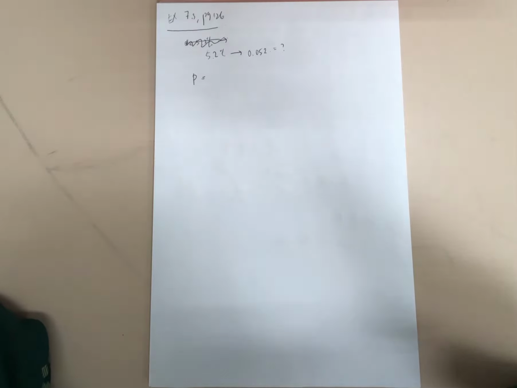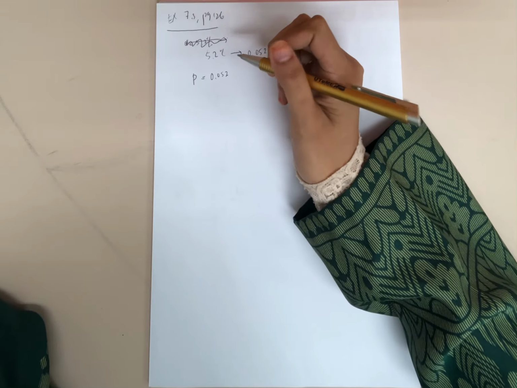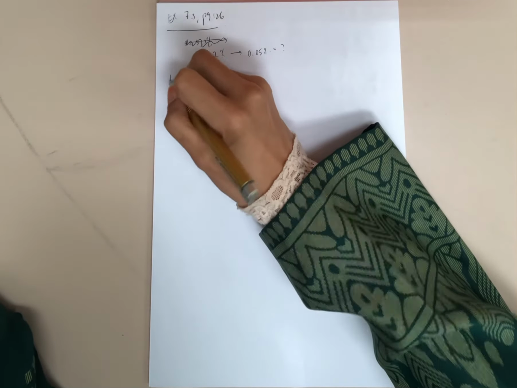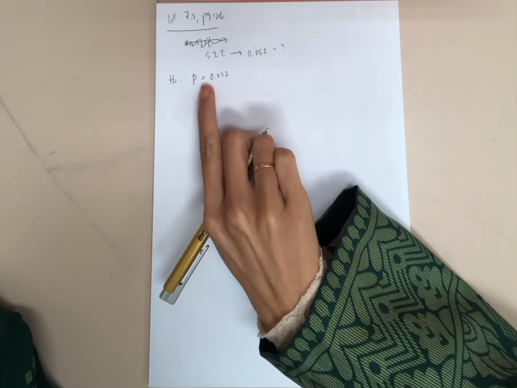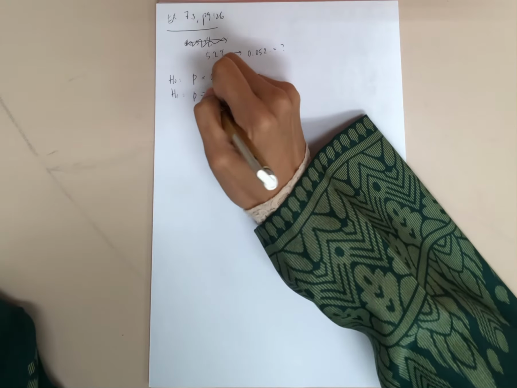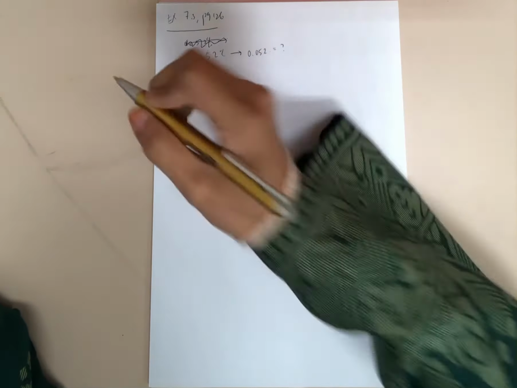The proportion here is regarding the issue of technical problem, so it's 0.052, and it's exactly equal. Therefore this will be your H0, because it's equal, and automatically your H1 will be P not equal to 0.052. So this is step number 1.